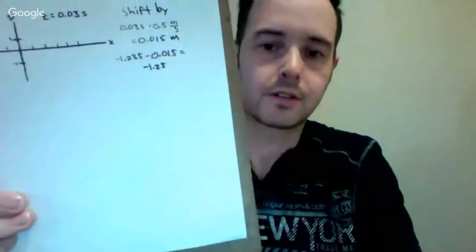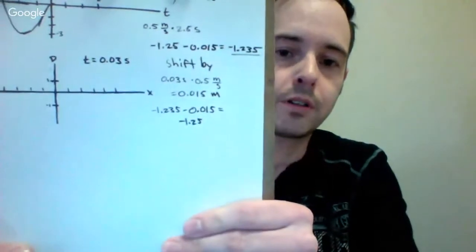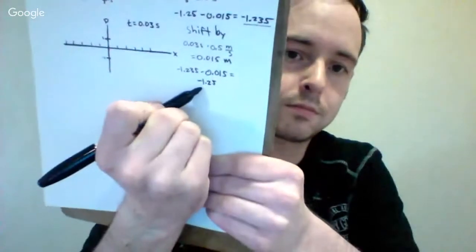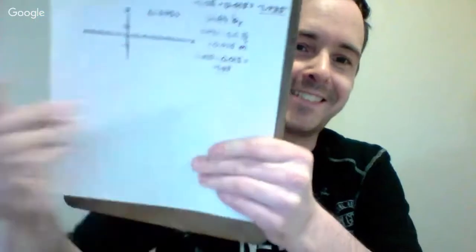Let me get my calculator out. And 1.25. Yeah, that's right. So our starting point is negative 1.25. There we go. Harder than it seems.